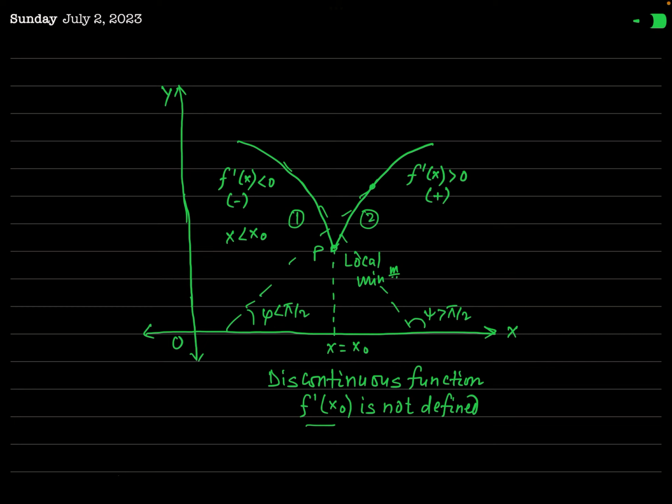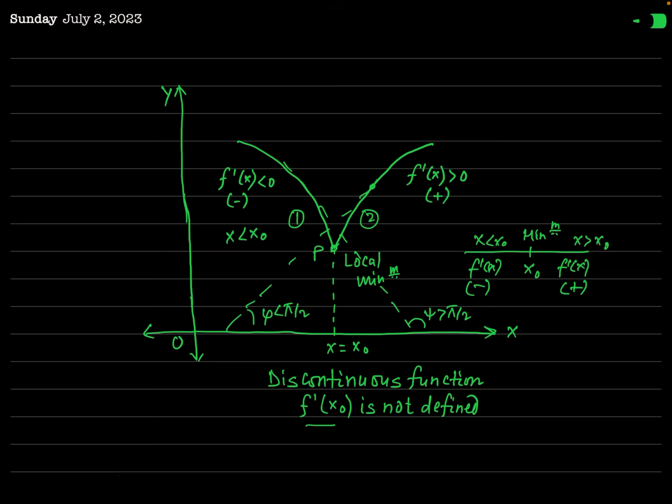So again you can see that a function will have a minimum value at this point x equal to x naught even when the function is discontinuous, when f dash of x is negative, or less than 0, for x less than x naught, and f dash of x is positive in the region where x is greater than x naught.